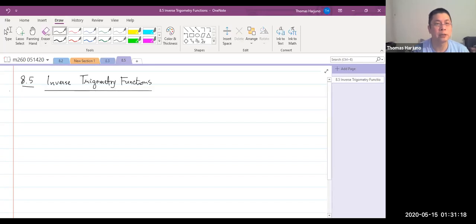Okay, the first thing I will talk about is y equals inverse sine of x, the inverse function of sine. Here's the idea.